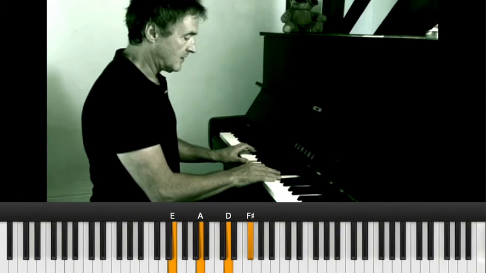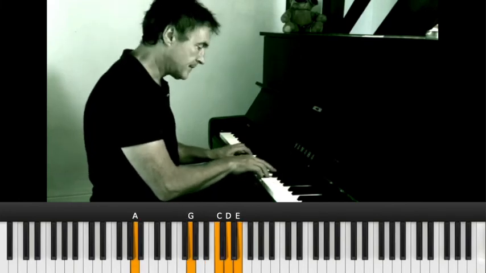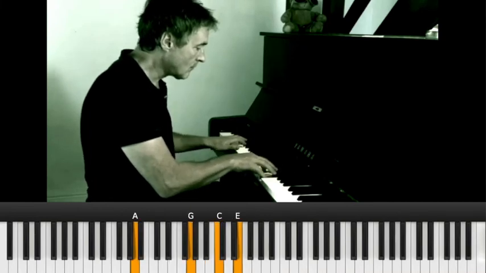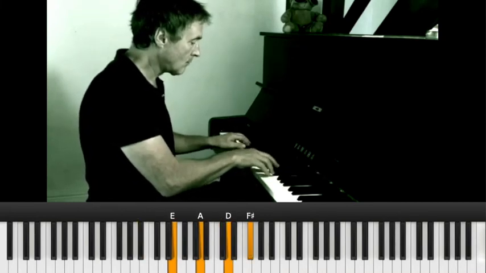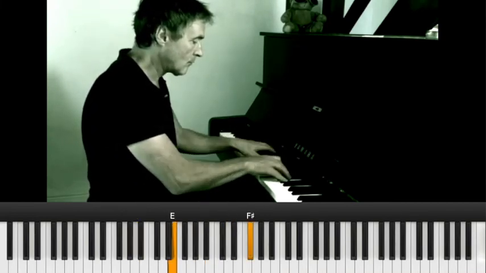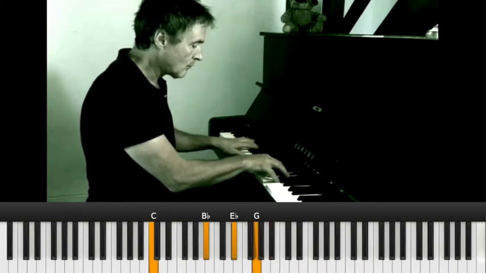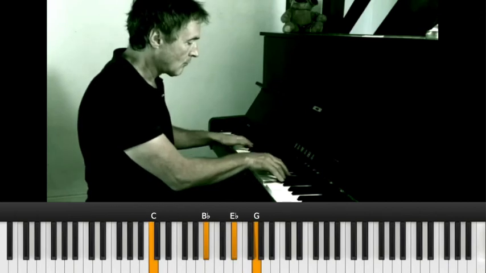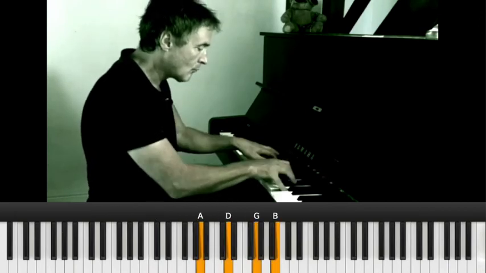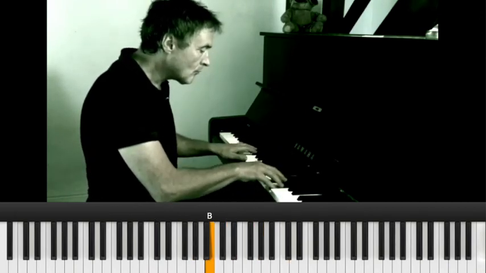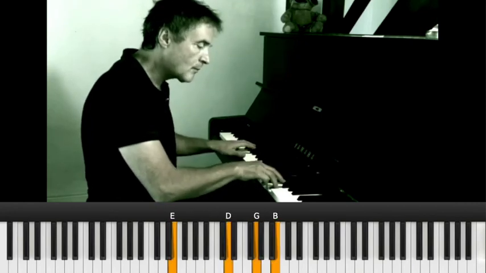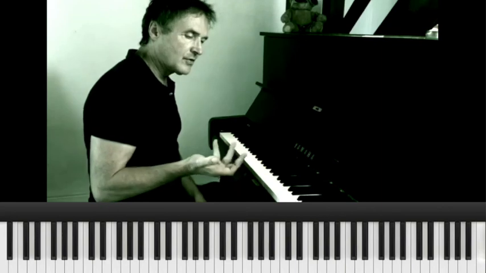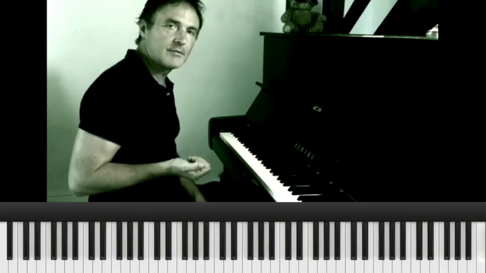Okay, now I'm on E, so I'm going to go to A minor. Okay, so you can see it's a really, really useful chord, and that's why it crops up so often.